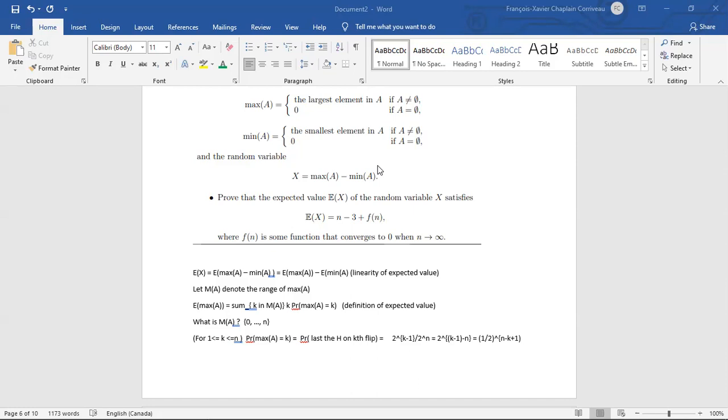Or it could be 2 steps further. That still has a fairly high probability of happening. And then the further your minimum and your maximum goes away, this probability becomes smaller and smaller and smaller. So it makes sense to expect the difference between the maximum and the minimum to not be too big.